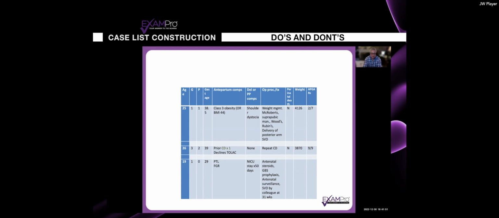Now you see in this first example, I put McRoberts, suprapubic, and then Woods and suprapubic. I'm not sure what the man part there. I think that's a typo. Sorry. Woods, screw maneuver, Rubens, and then delivery of the posterior arm.